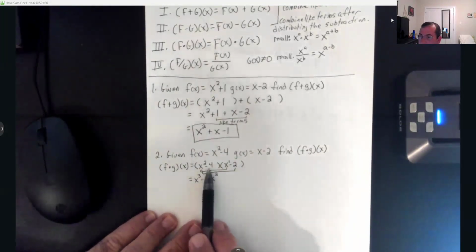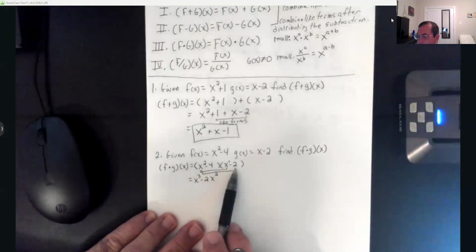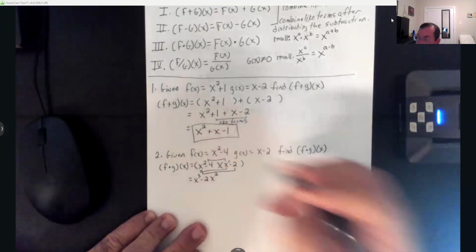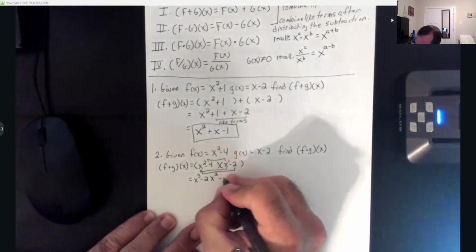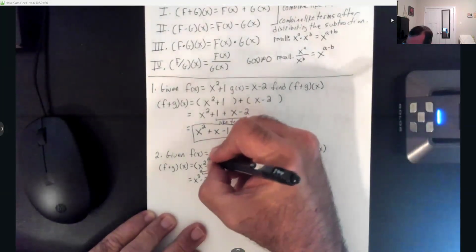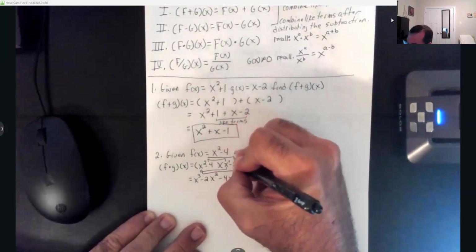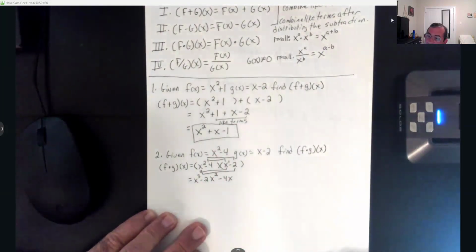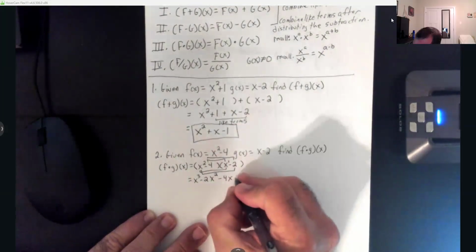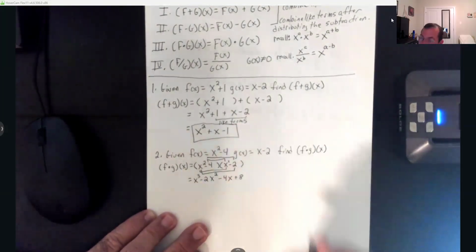Now we're going to distribute the negative 4 times both of these. That negative 4 times that x gives us a negative 4x. And then we take that negative 4 times that negative 2. A negative times a negative makes a positive 8.